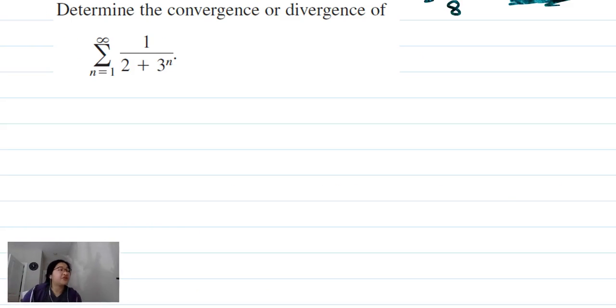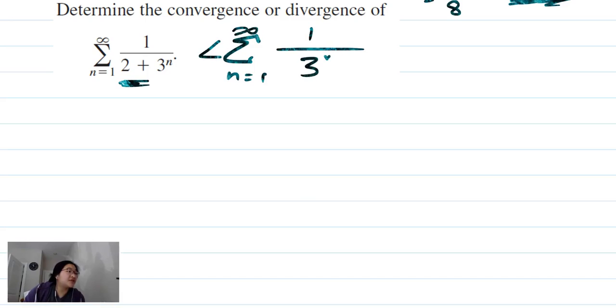So how are you going to determine the convergence or divergence of this series? Well, what do you want to compare it to? This is going to be 2 plus 3 to the n power. So all of that is going to be less than our sum from n equals 1 to infinity of 1 over 3 to the n, which is a p series. Sorry, that's a geometric series.